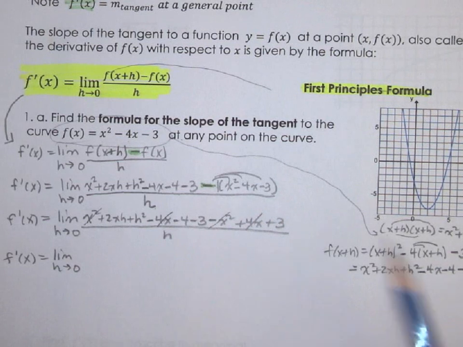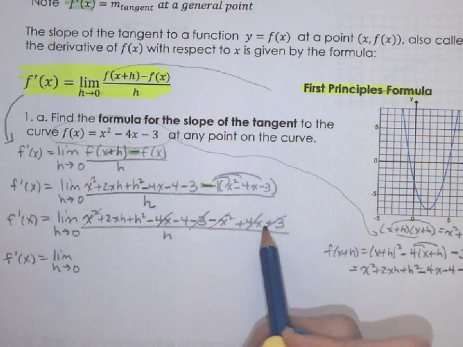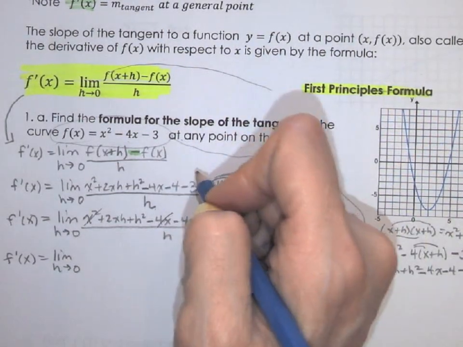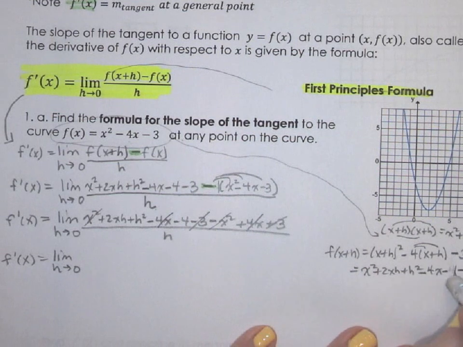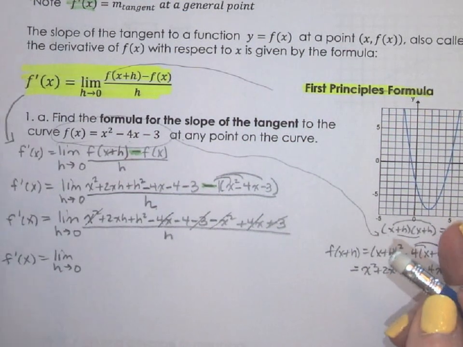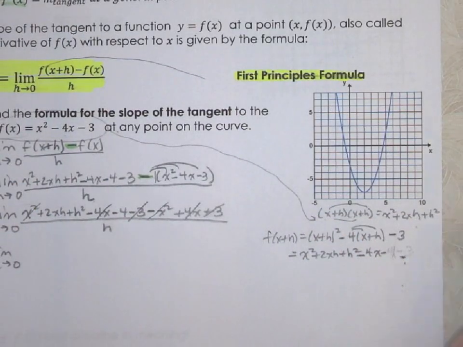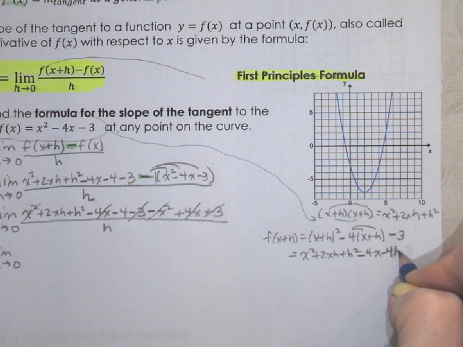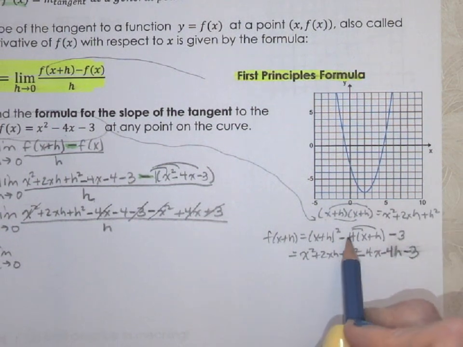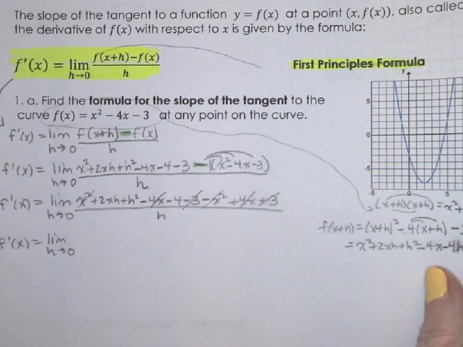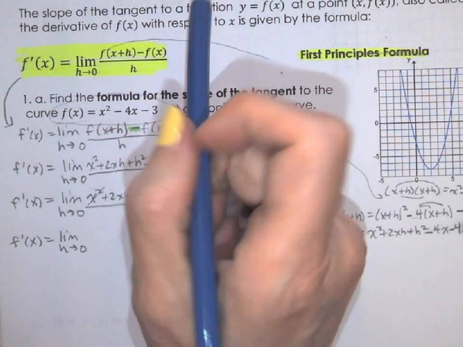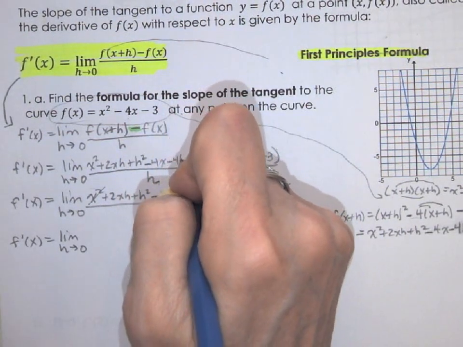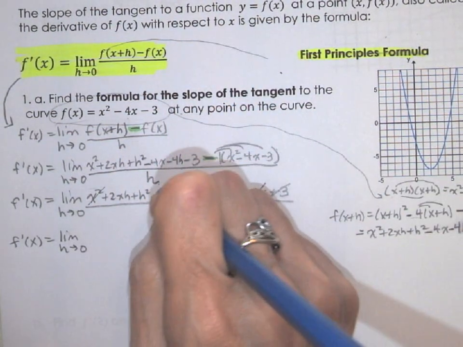Negative 4x plus 4x adds to 0. Negative 3 plus 3 adds to 0. I think I had dropped an h here. This should be minus 4h. Sorry guys. Which means this is minus 4h.